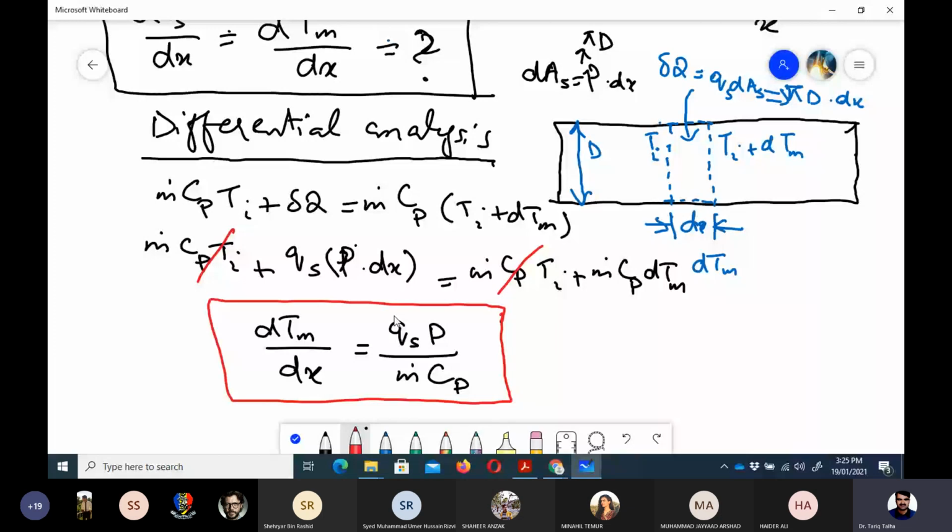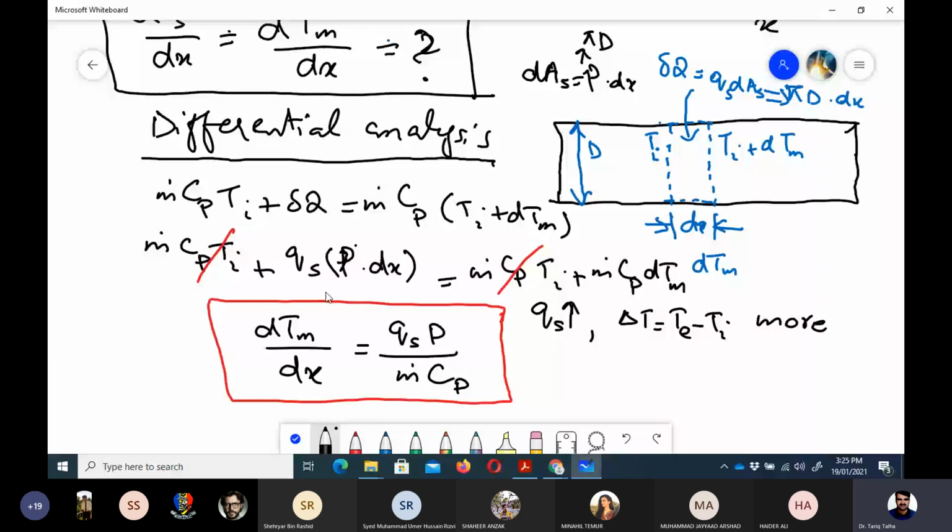So we can see that it depends on this. If the flux value is more, then the temperature rise would be more. Physically, if Qs is more, then delta T, which is Te minus Ti, would be more. That is understandable, because if the flux value is more, then the temperature rise of the fluid would be more.